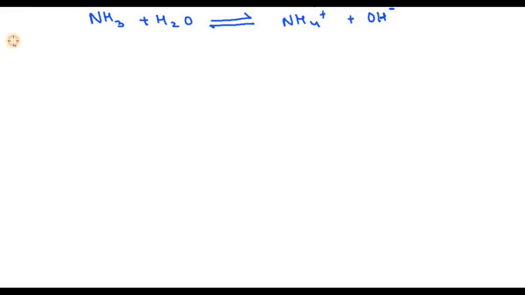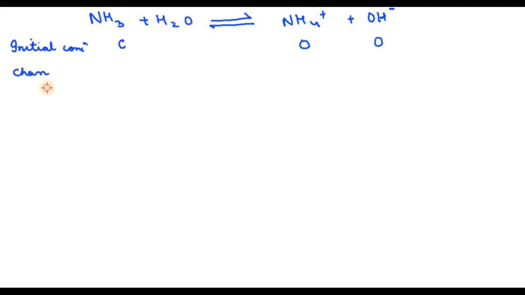So let's write here the initial concentration. We have considered the concentration of NH3 as C, and the initial concentration of these ions would be 0, and H2O is not considered here since H2O is in liquid state.